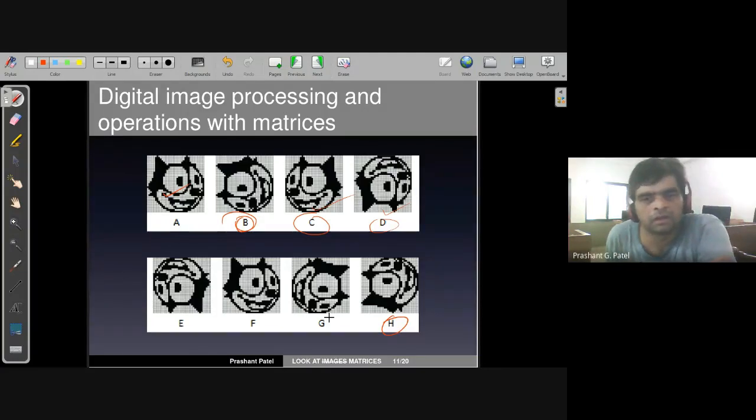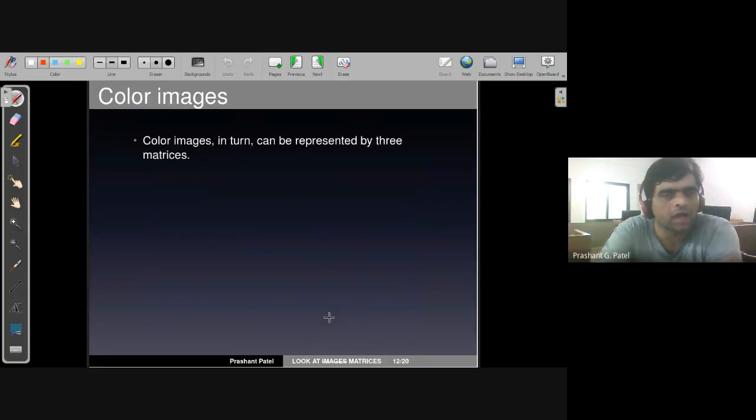My idea is to see how operations on matrices give you differently looking images. Now let us talk about color images.